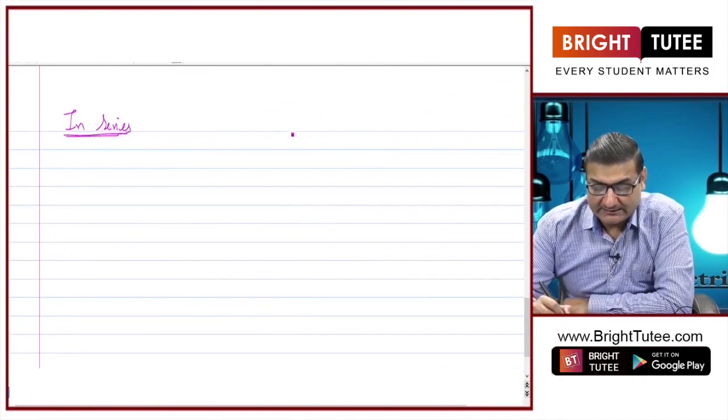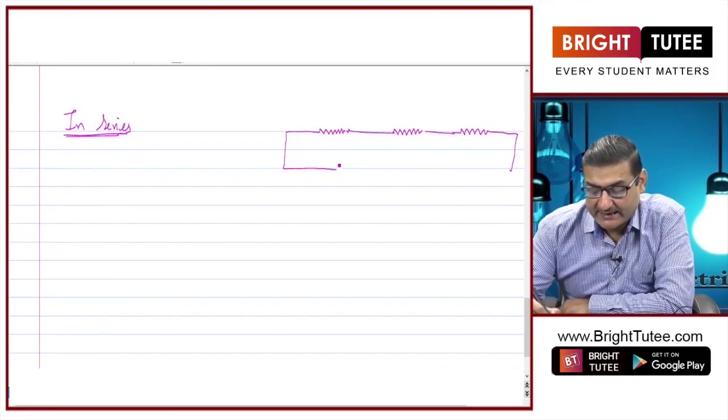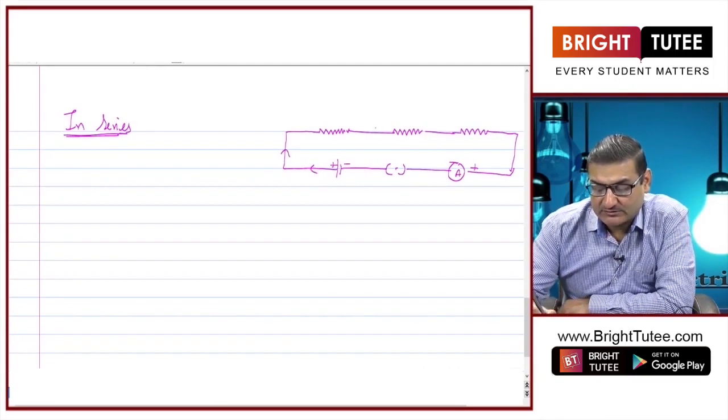Fine. Let us take once again the same setup. This was the first resistance, this was the second resistance, this was the third resistance that I have taken earlier also. Connecting it with a cell or a battery, plug key, ammeter connected, plus minus arrows. These arrows are quite important to be represented.